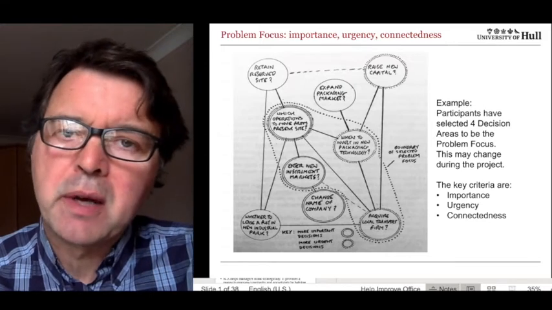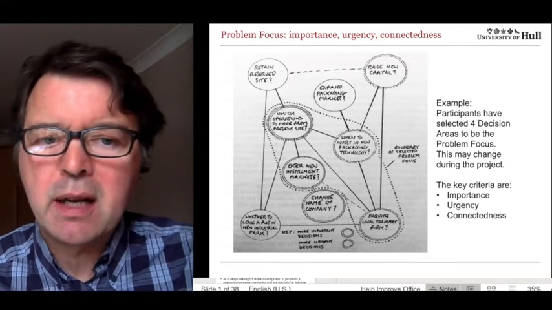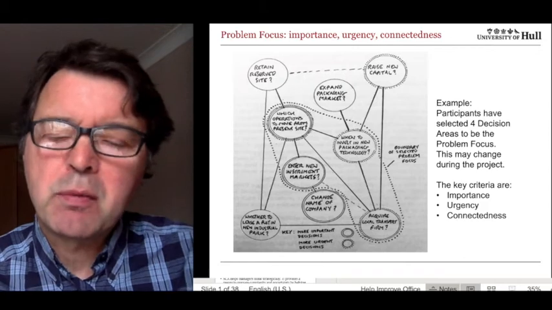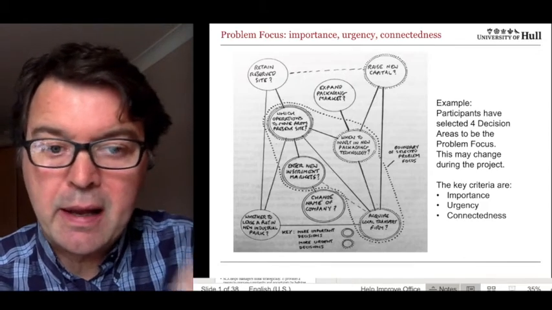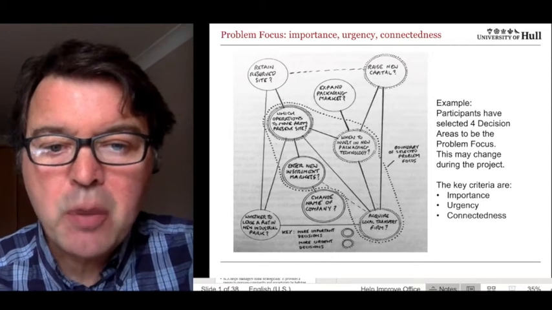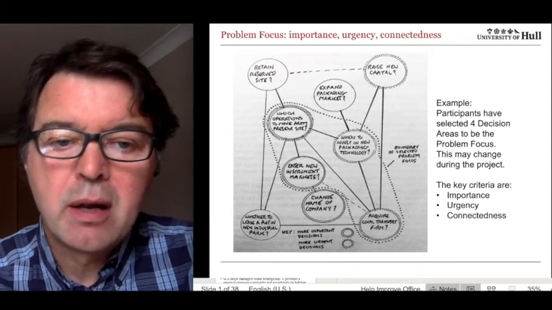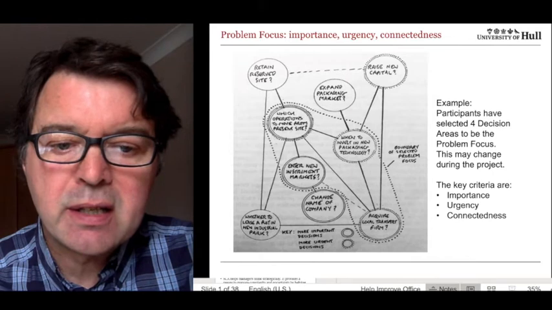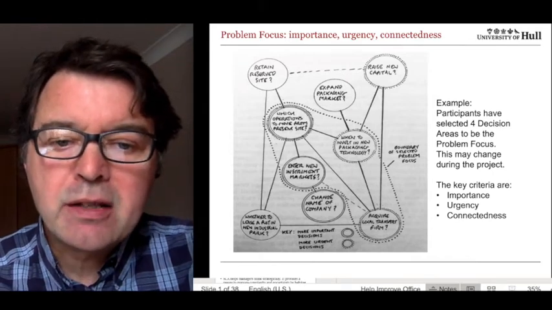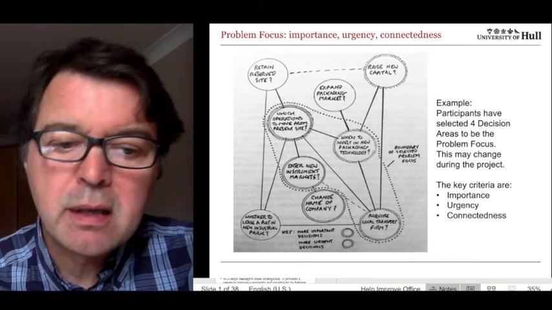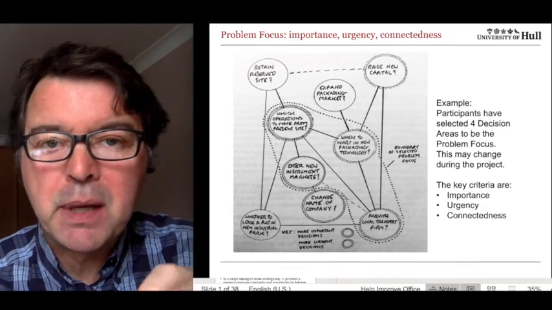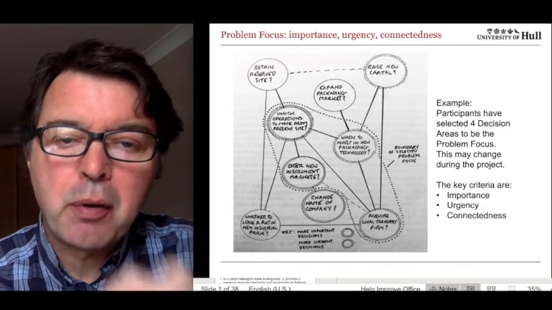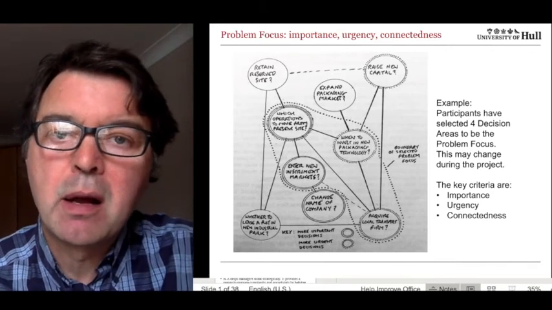For the time being, we're going to ignore some of those decision areas, and focus on the 4 in the center: which operations to move from present site, when to invest in new packaging technology, enter new instrument markets, and acquire local transport firm. That's going to be our problem focus for this particular project.